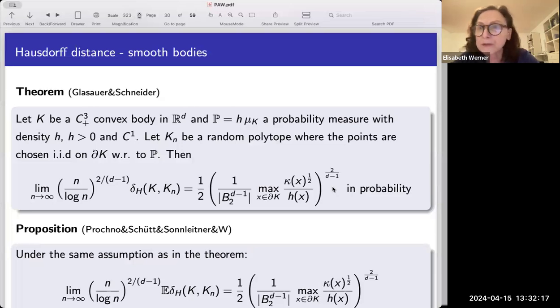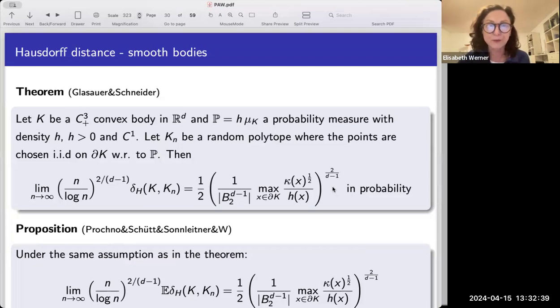And actually, we not only have the expectation, that is the first mean, we can show convergence in p-th mean also, with basically the same methods.